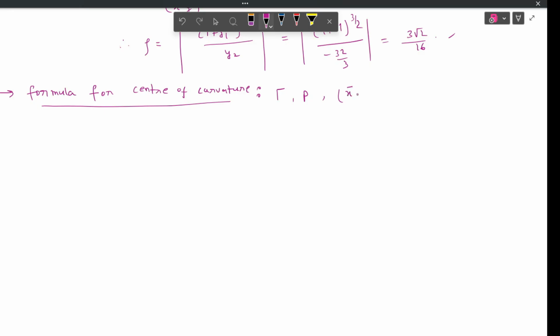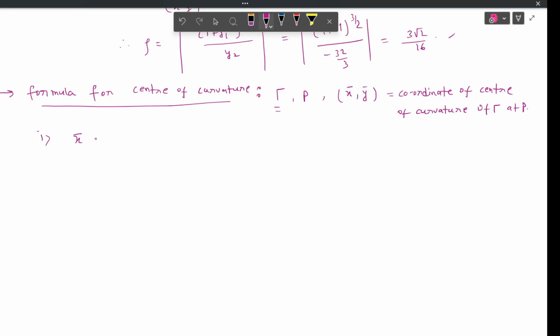Let us say x bar and y bar be the coordinates of the center of curvature of gamma at point P. So you can say this x bar and y bar is the coordinates of the center of curvature of gamma at P.